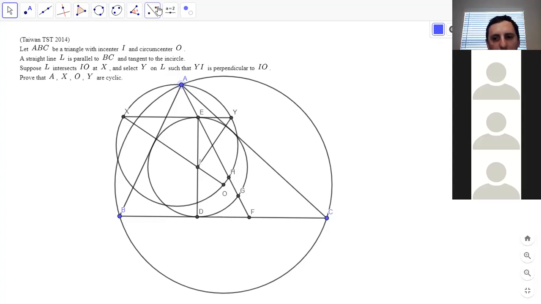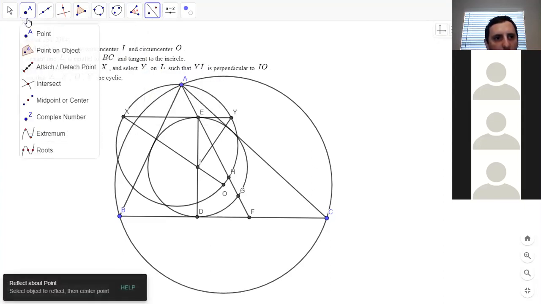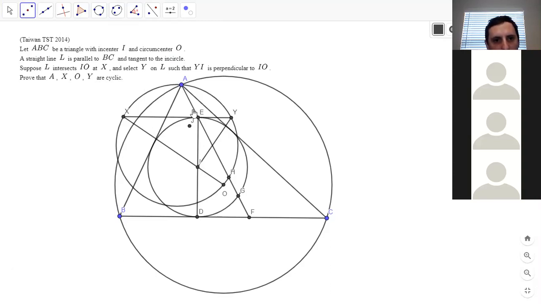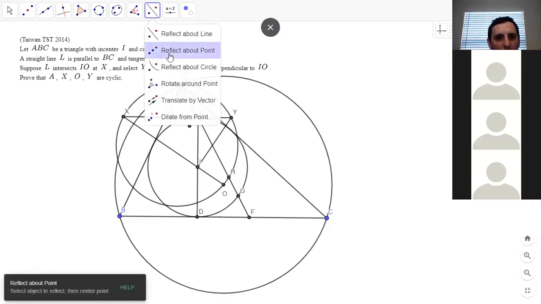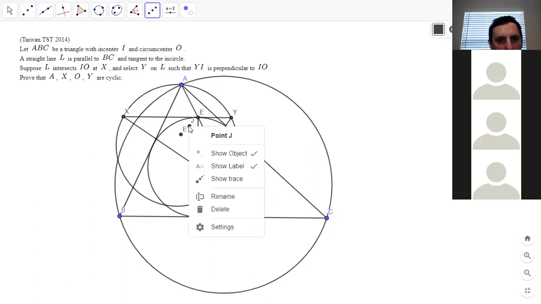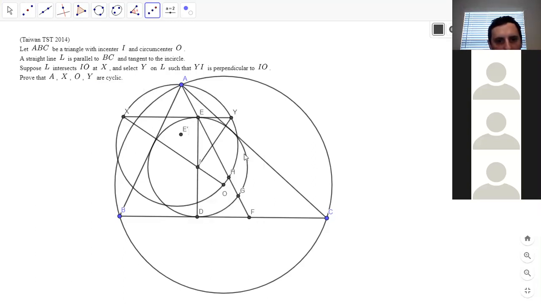Okay, let me try this. So I'm going to shift A downwards, and then I'm going to shift H downwards.